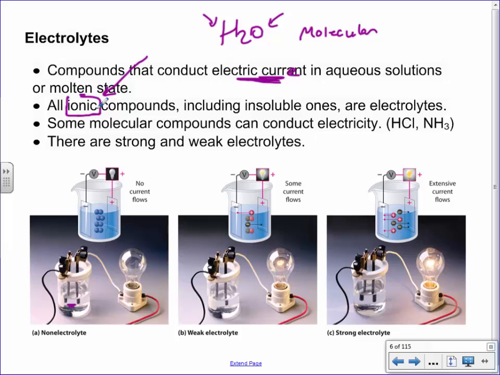Now, I don't know the biology parts of this, but I think it has to do with osmosis and diffusion and how things enter your cells. But you need ions in your body, and if you just drink pure water, you don't get those ions. Hence, Gatorade is selling you a product that has lots of ions in it. And guess what the ions do? They cause it to conduct electricity, and hence they've kind of stolen the term electrolyte.